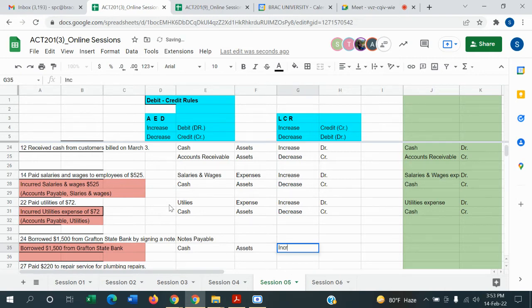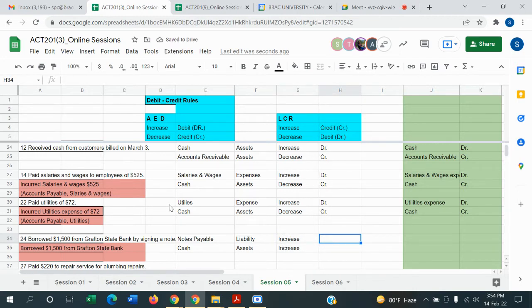It will increase. And on the other hand, notes payable is a liability. It will also increase, because there was no liability before you signed this agreement. Now your liability is increased.